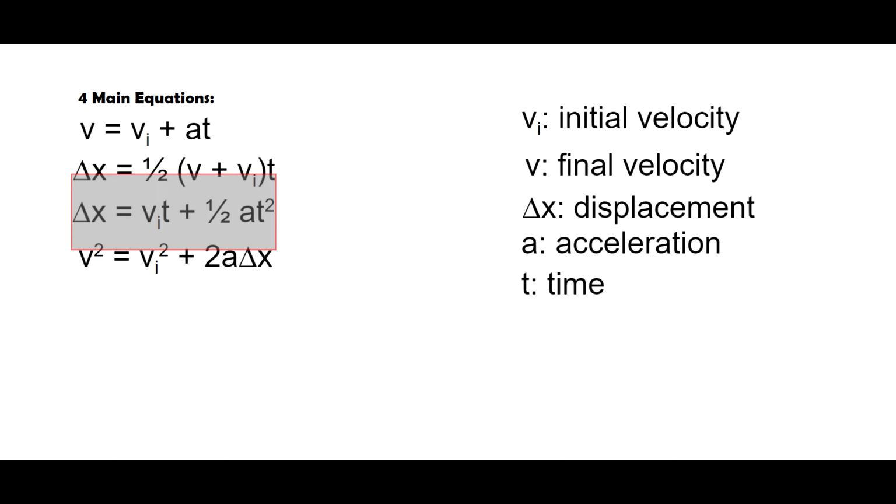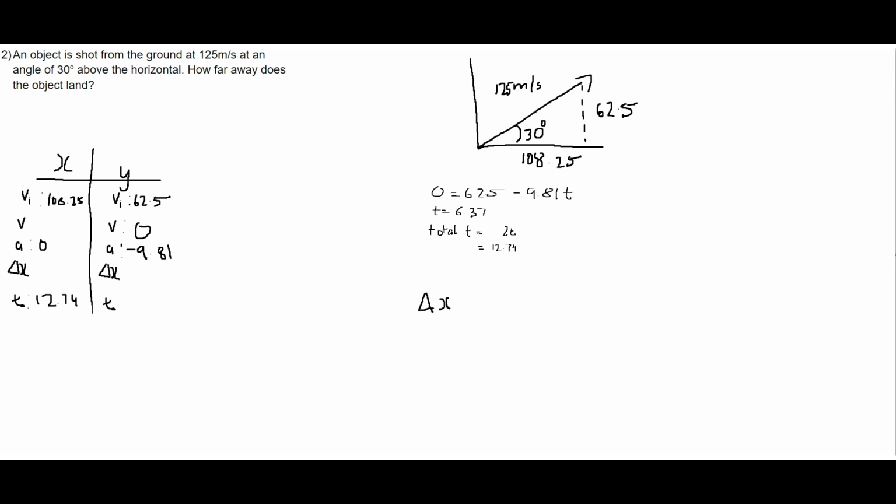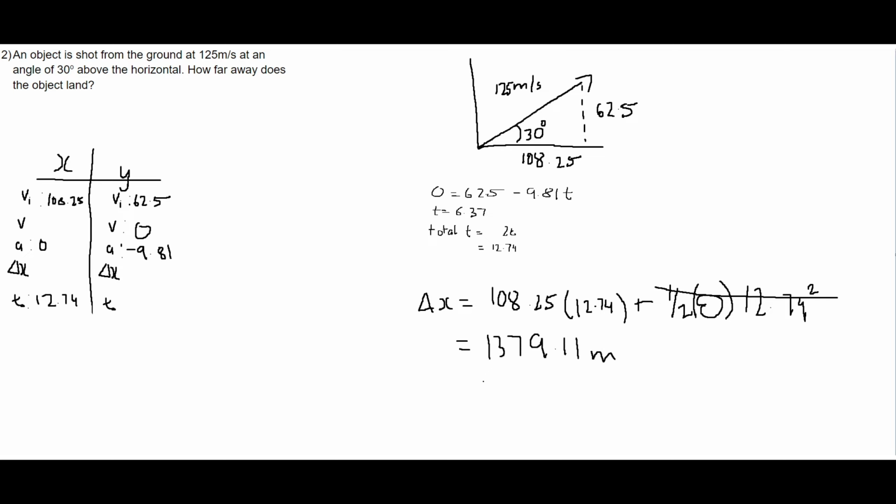Once we get time, we can then solve for distance using our now known variables. We get an answer of 1379 meters.